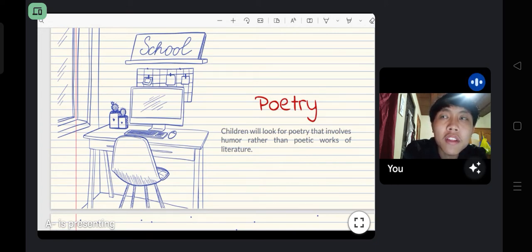But it is recommended that teachers give poetry that has humor rather than more poetic works of literature.